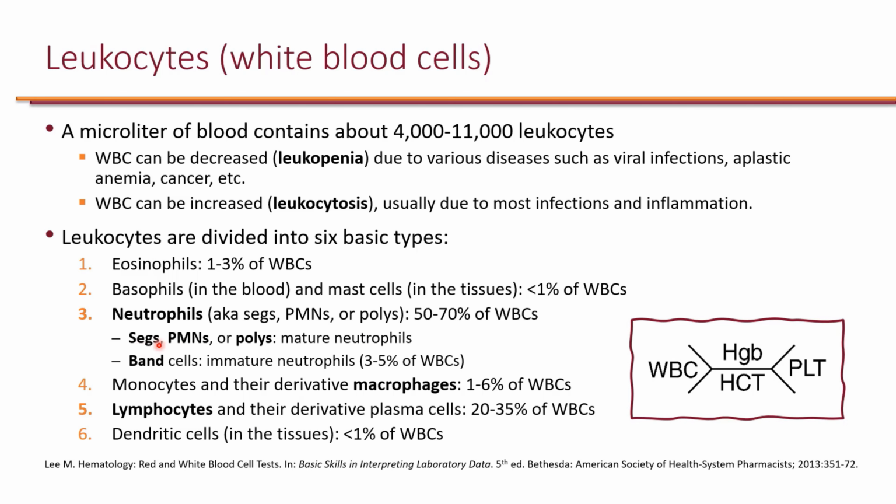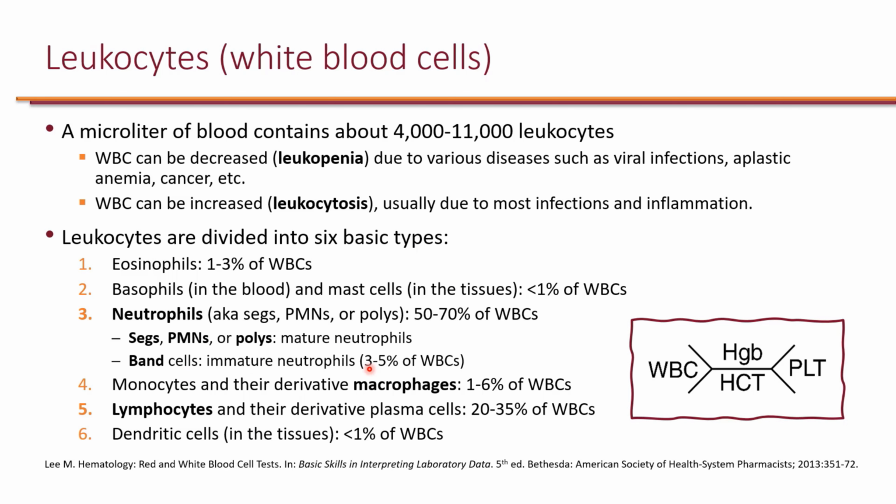Now, during infection, because the body tries to make more neutrophils than usual, you will see an increase in the band or immature neutrophils, and that's typically referred to as bandemia or left shift. Left shift meaning the cells have shifted to the immature side. If you see more than 10% of the neutrophils as band cells, that's typically called bandemia.